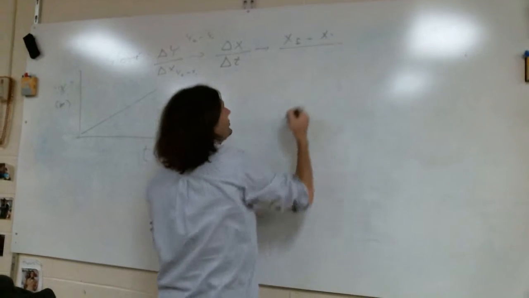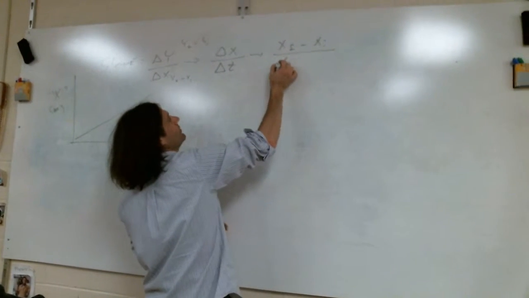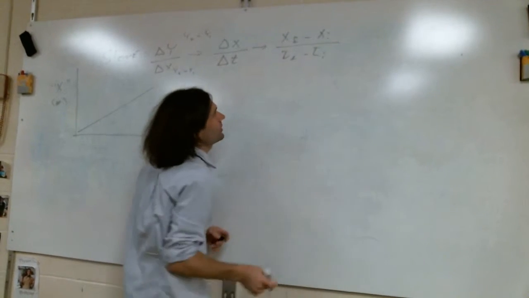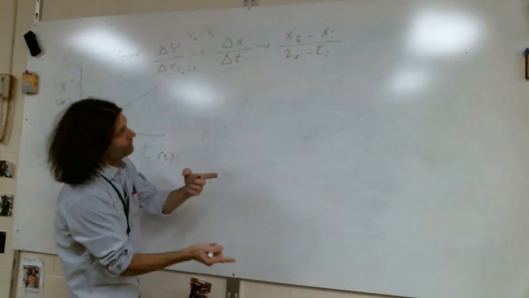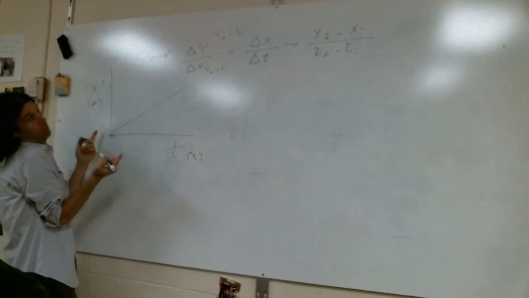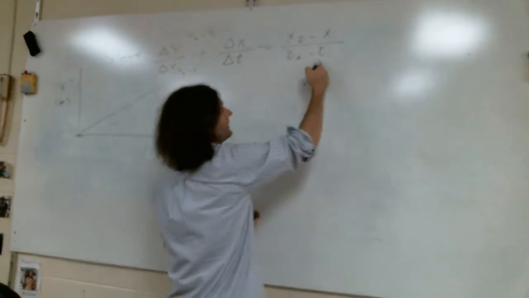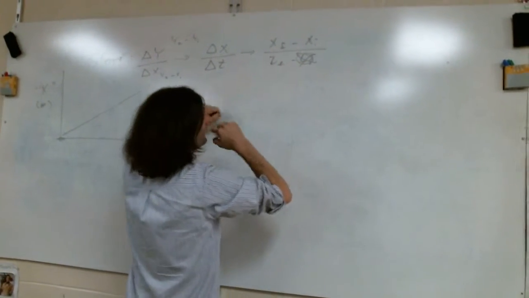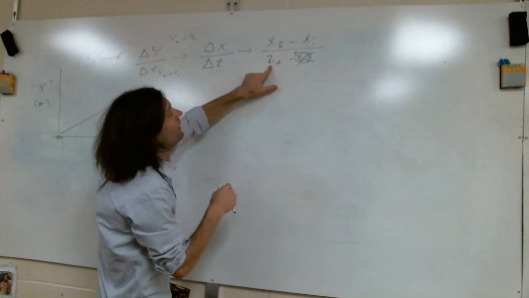And a change in time is your t final minus your time initial. If we assume we start at a time of 0, then your initial time is 0, so it doesn't matter. So it's an xf minus an xi over t.